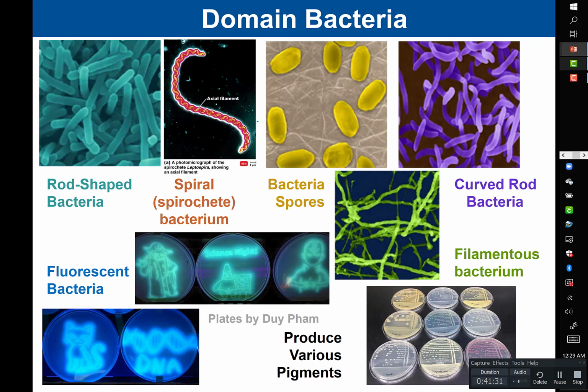We have curved rod bacteria, so what we call Vibrio, that's the name of that shape. We have some bacteria that are filamentous. They produce these filaments. These bottom left pictures here are two fluorescent bacteria. These plates were produced by our technician, Dwi Pham, and he basically took this bacteria and plated it, meaning he used a loop or a needle, an instrument, to draw on the agar.